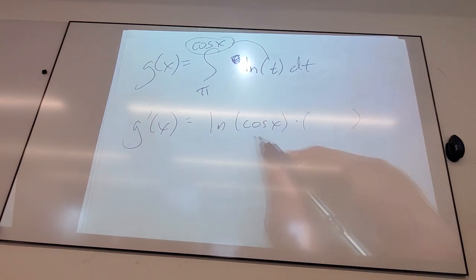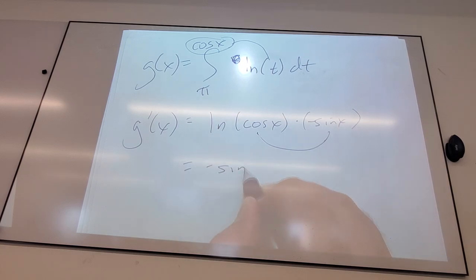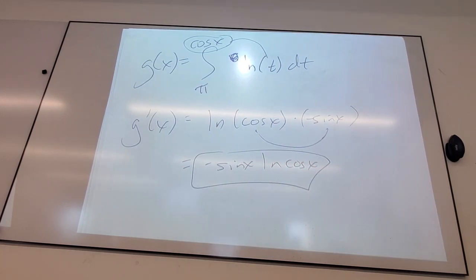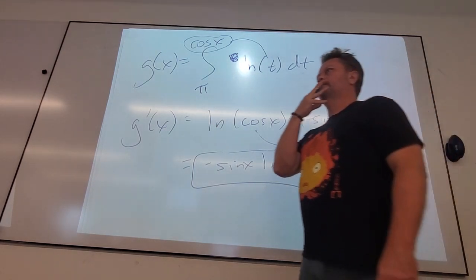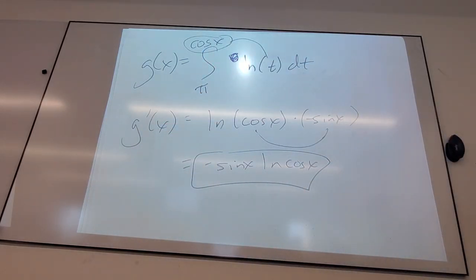Chain rule. And what's the derivative of cosine? Negative sine. Good. So you can rewrite that as negative sine x, natural log of cosine x. So you just have to add the derivative of whatever, like cosine x squared, whatever. That's chain rule, right?